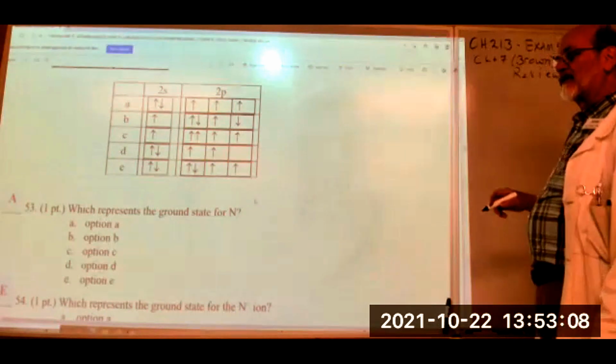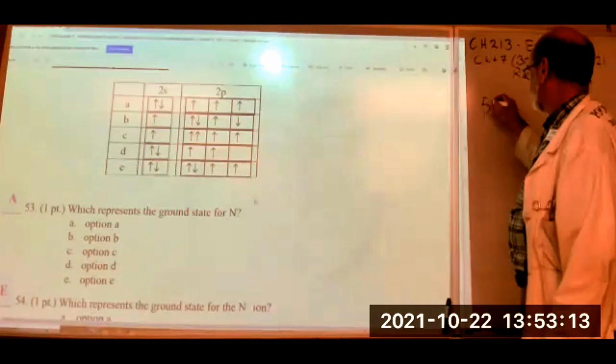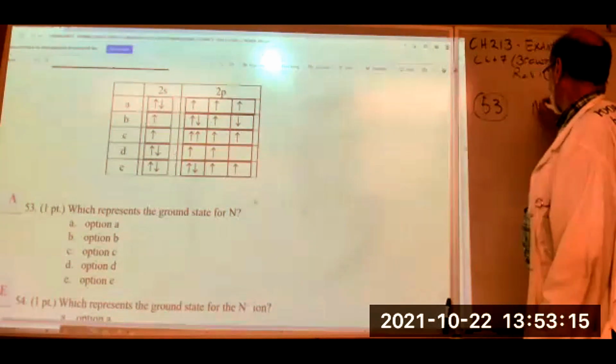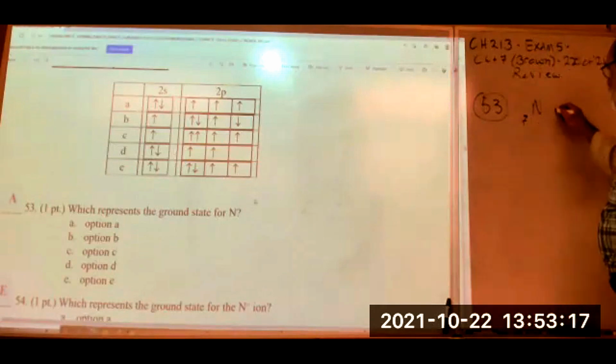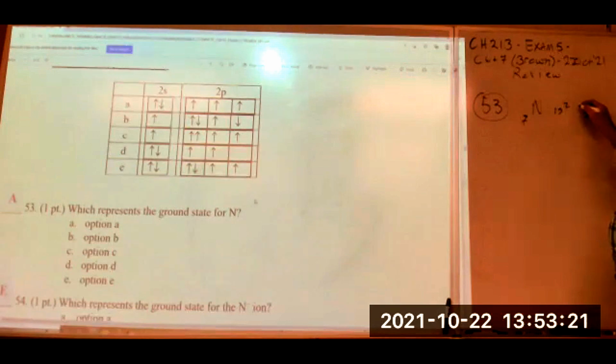And then what have we got left? Well, nitrogen is 7, and we've already used up 2, then we got 5 more to go. 2s and 2p. So 5 more, that means 2 here, so we got 3 electrons left. So we're going to have 3 there.